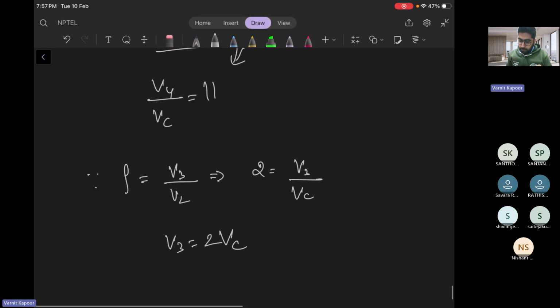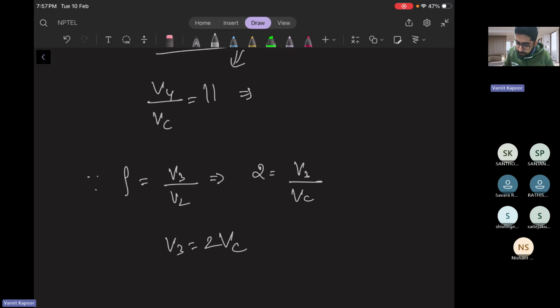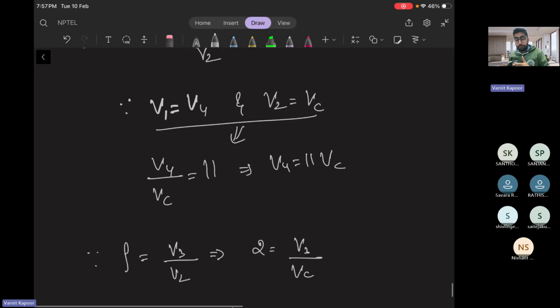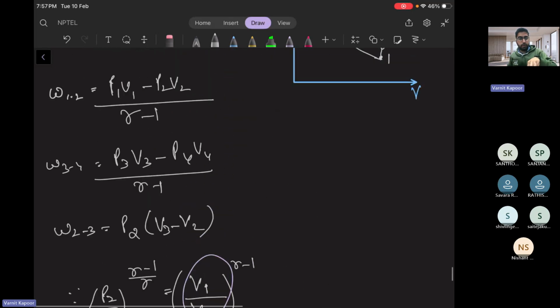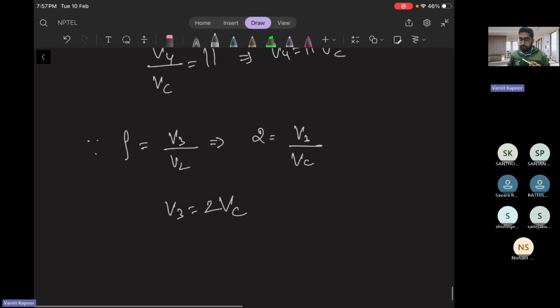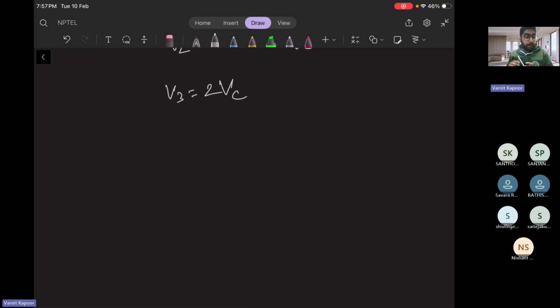Now we have V4 in terms of Vc, V3 in terms of Vc, and V2 in terms of Vc, and V1 and V4 are the same. So we can also put these values V3, V1, V2, V4 in all the work done processes, right? We are having the values. But the question is how you get the Vc, first of all.